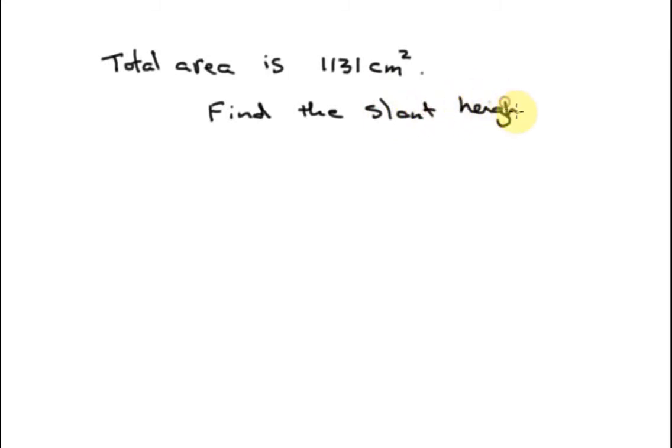Okay, so what we're going to do is we're going to take our formula, and we know what the total surface area is, and we're just going to plug everything that we do know into this particular question. Oh, there's one more thing I didn't tell you. That's kind of important that we know. They're going to tell us the radius, because if we don't know the radius, we're in big trouble. Okay, so that's still part of the given information.